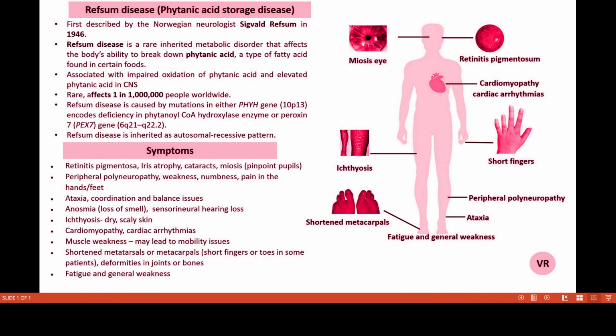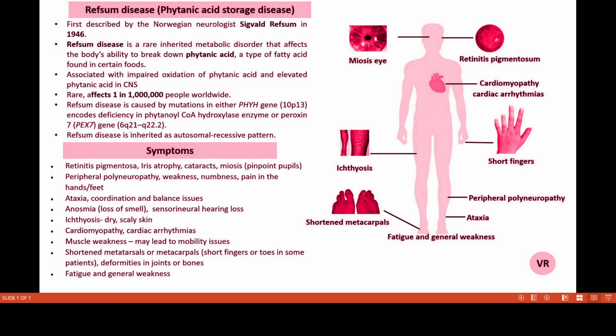In a small minority of individuals with Refsum disease, the causative mutation is in peroxin 7, that is PEX7, which encodes the peroxisome targeting signal type 2, PTS2, receptor. The PEX7 gene is located on chromosome 6q21 and it spans approximately 102 kb of DNA and contains 10 exons.